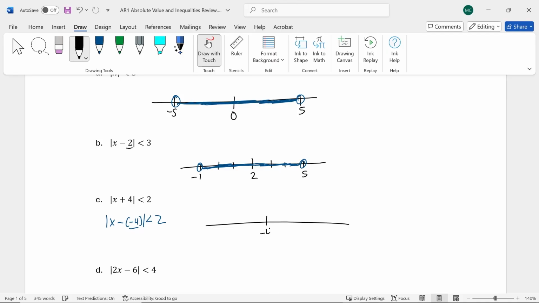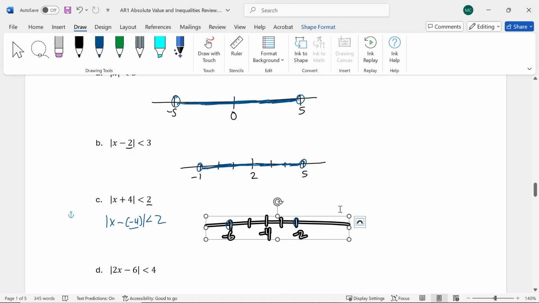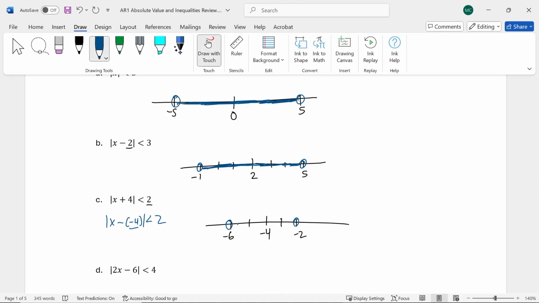Now we're looking at negative 4, and we're going a maximum distance of 2 away. So 2 to the right and 2 to the left. So that puts this at negative 2 and this at negative 6. And here's my number line.